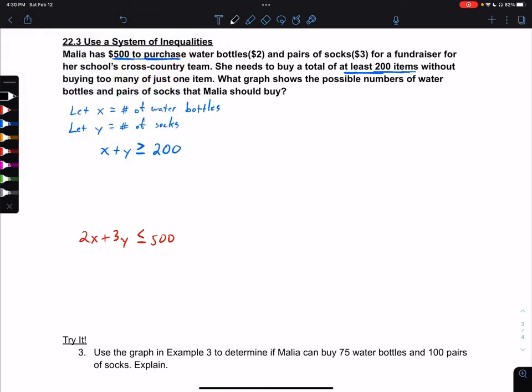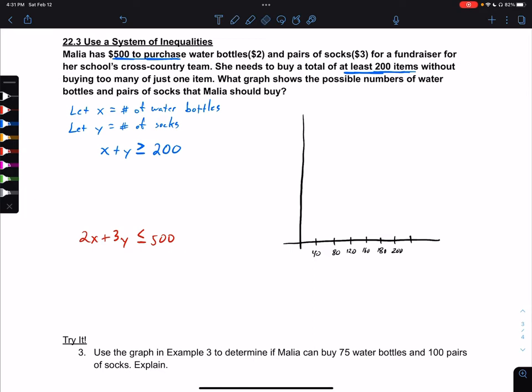I should have added a graph in here. I didn't, so we'll just kind of work with this. Create something like this. We're going up to 500 and 200, so I'm going to go up by, let's just say, 40s. So we'll say 40, 80, 120, 160, 200, 240, 280, and so on.